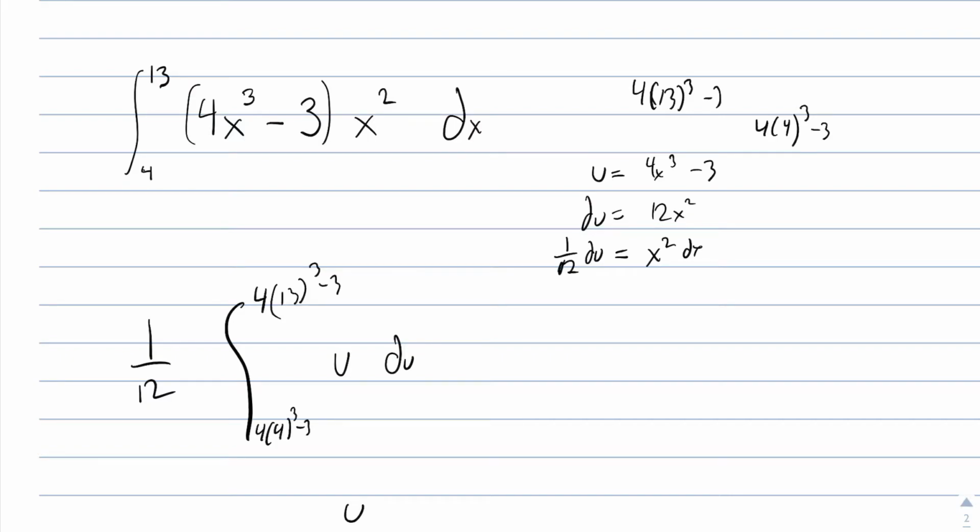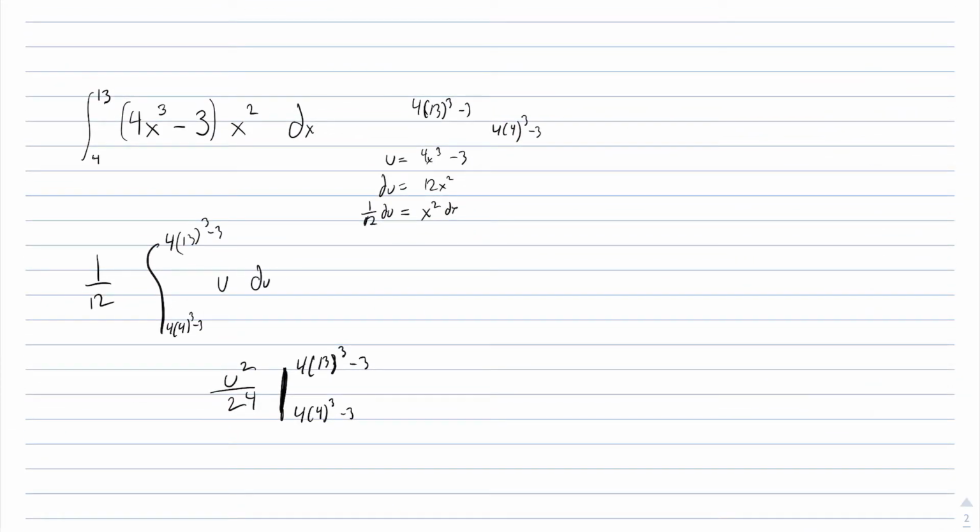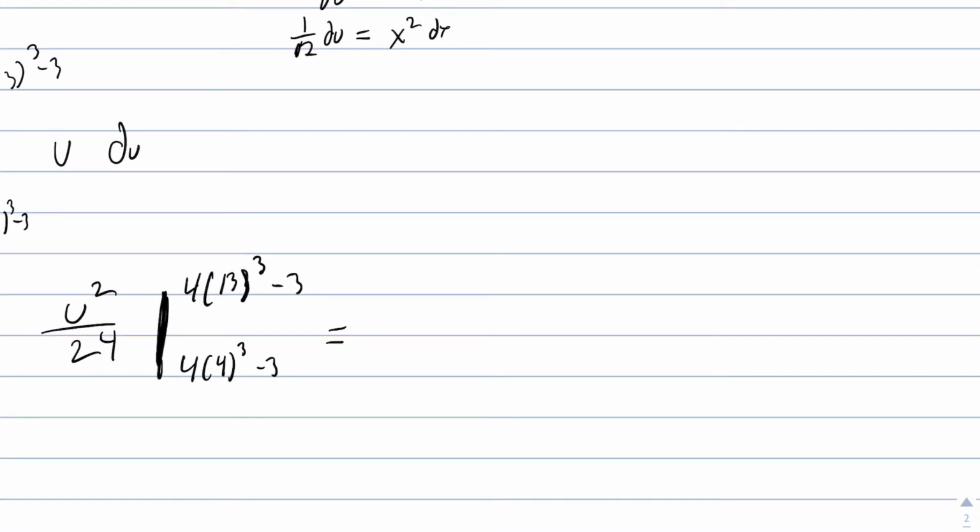Okay, and now we just integrate this, so that's just going to be u squared over 2. And now we multiply the 1/12 back in, so that's going to end up being u squared over 24. And these bounds again. And what you can do, typically, on most systems, like if you're doing homework online, sometimes they take this.